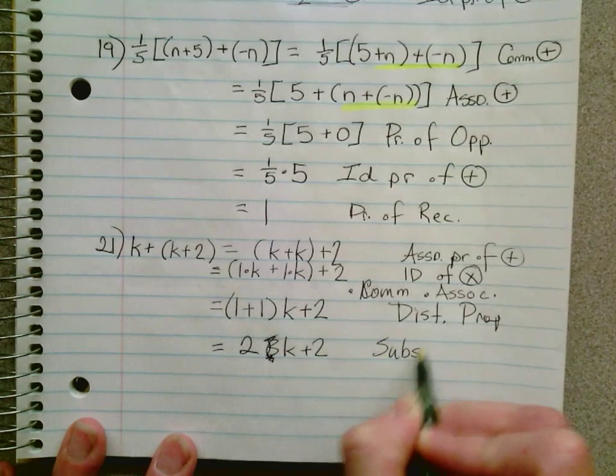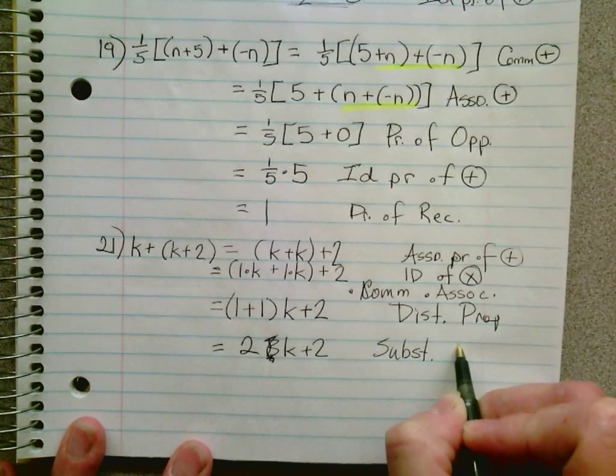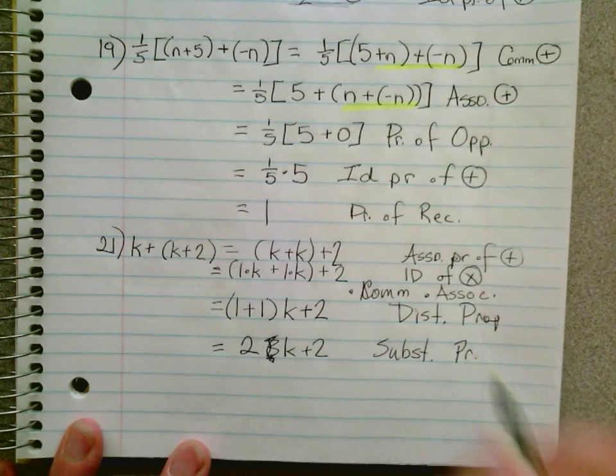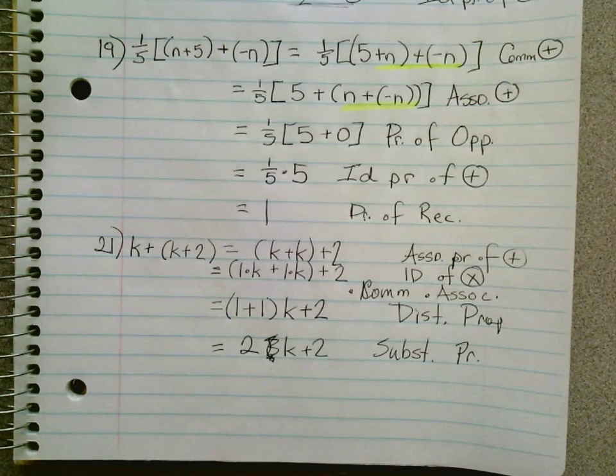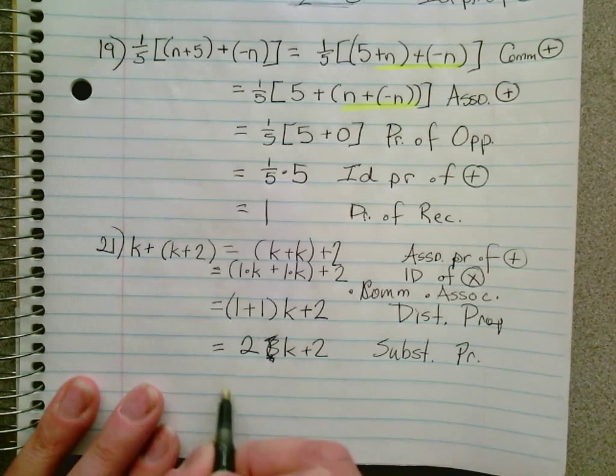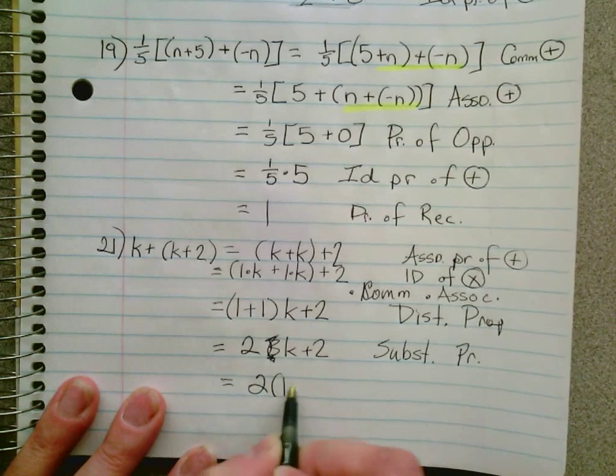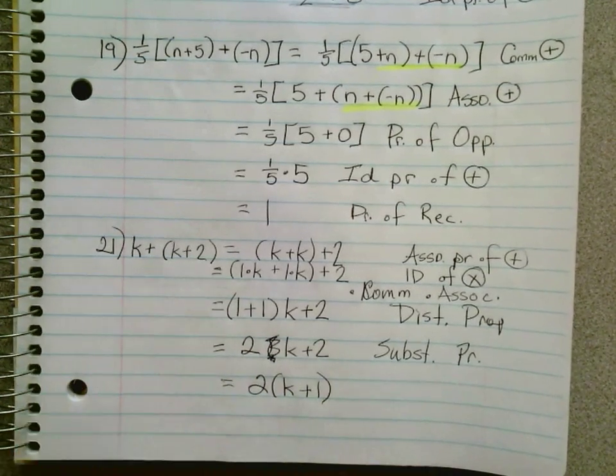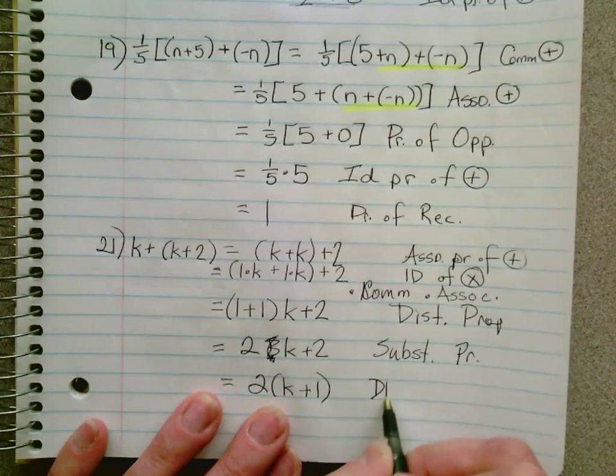This is the substitution principle, which states that a simpler version is okay to substitute in for something. All right? I can now pull the 2 back out. You know how we used to factor? Well, I have now factored by using the distributive property.